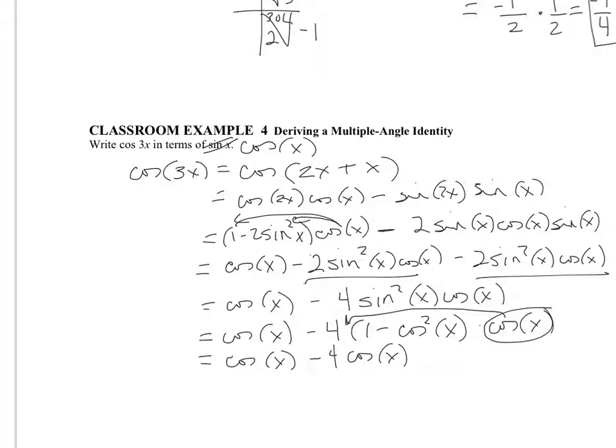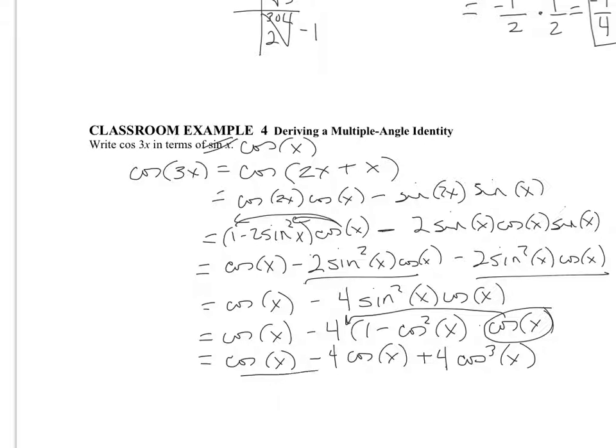Negative 4 times the negative becomes a positive 4, and the cosine squared of x times another cosine is cosine to what power? If I've got cosine squared times another cosine, that's cosine of x to the 3rd power.